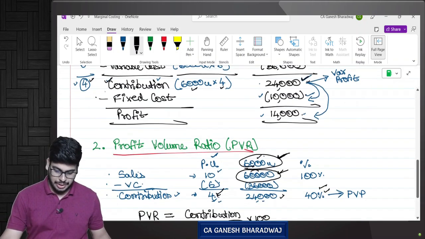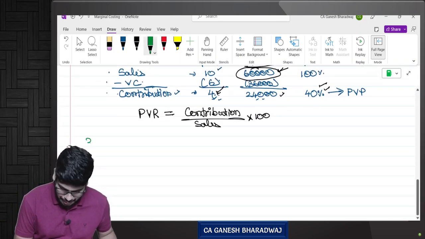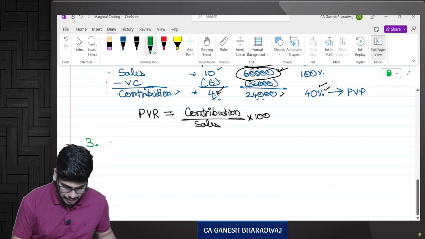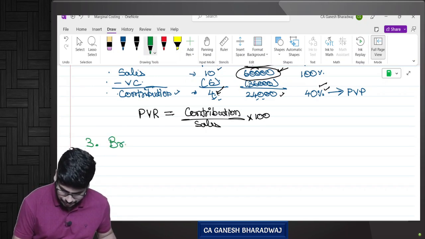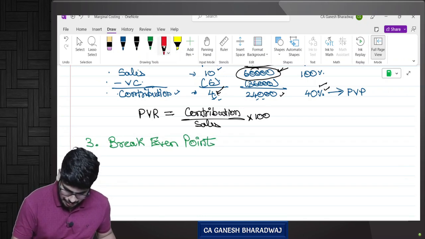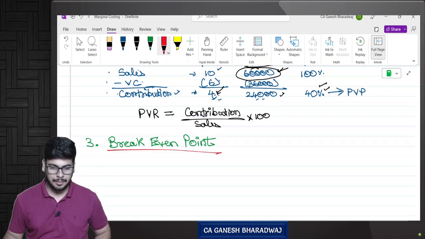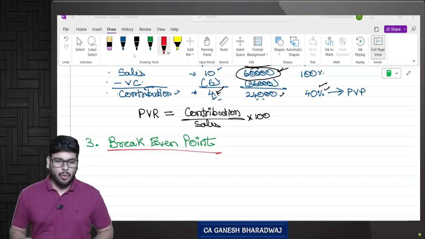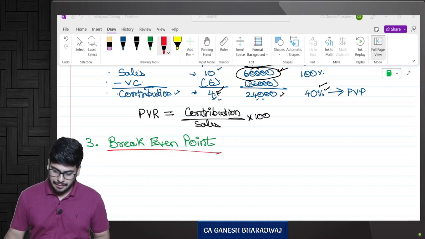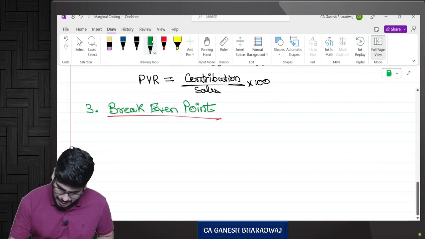So now we have also seen profit volume ratio. Now let's move to the third concept, which is called break even point. Now, what do you mean by a break even point?